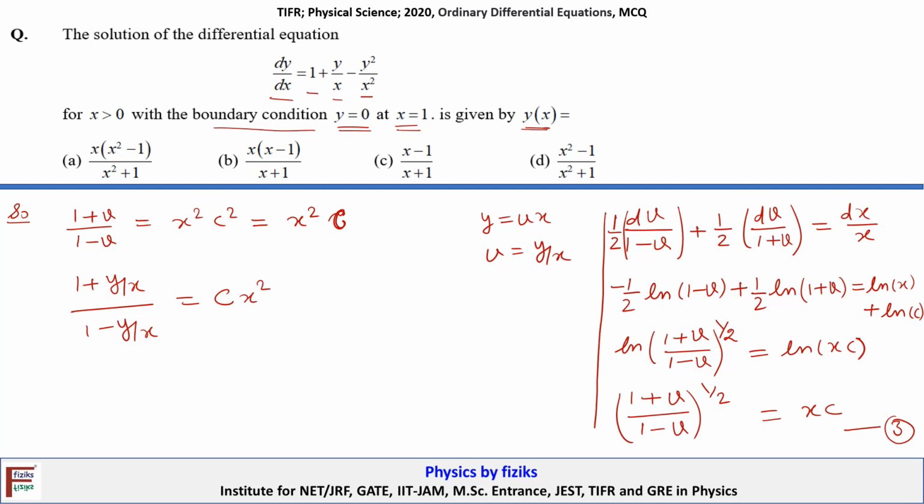Now substituting the given boundary condition that x is equal to 1, then y is equal to 0.